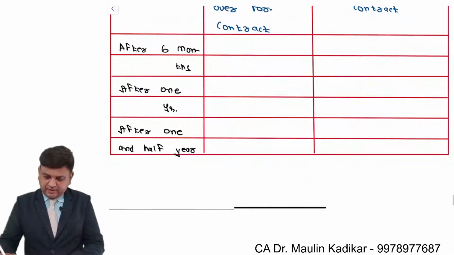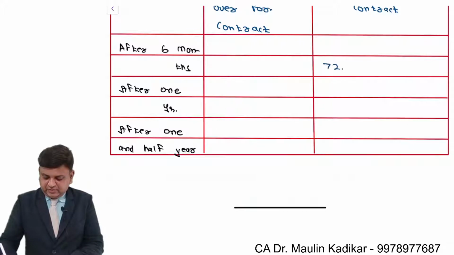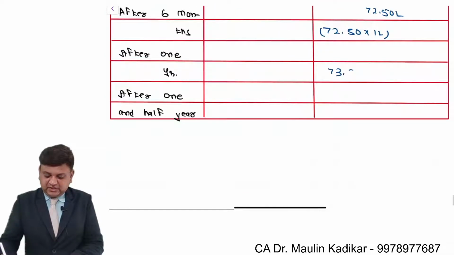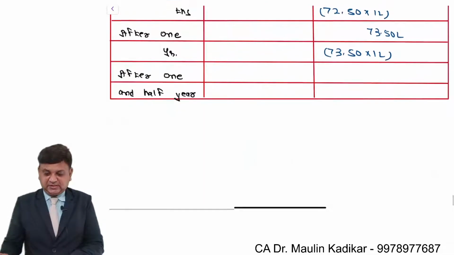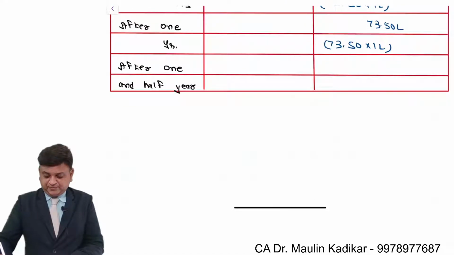So over here 72.5 into 1 lakh, 72.5 lakhs, 73.5 into 1 lakh once again, 73.5 lakhs, and for the last one it is 74.6 lakhs.